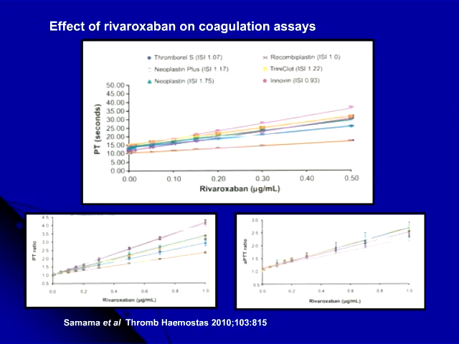And if I just bring your attention to the two graphs below, so these are the prothrombin time ratios and these are the ratios of the APTT, you can see that the PT, where the ratios go from 0.5 to 4.5, compared to the APTT ratios, the PT is more sensitive than the APTT to a 10A inhibitor. And that's probably predictable. But what we see is a considerable variation in the sensitivity of different thromboplastins to different reagents.